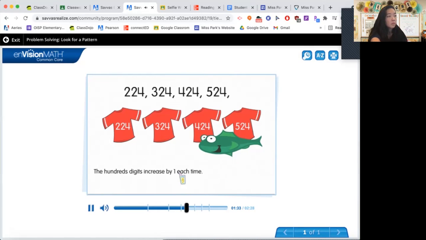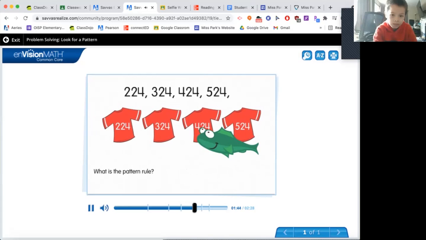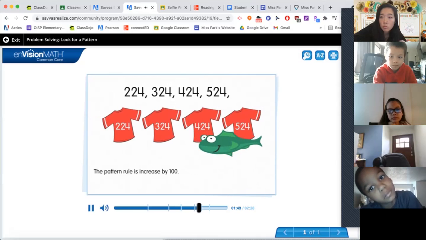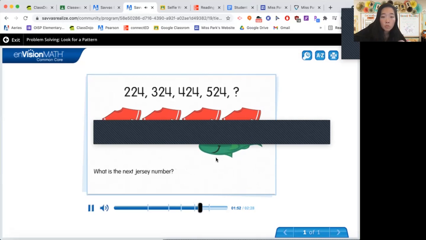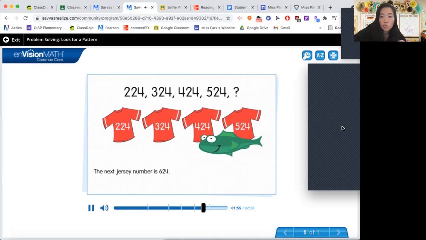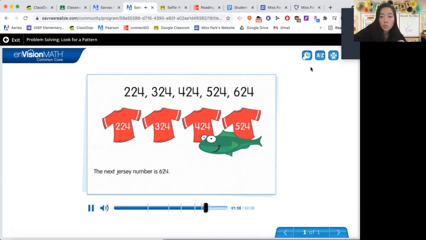The hundreds digits increase by 1 each time. The numbers increase by 100 each time. What is the pattern rule? The pattern rule is increase by 100. What is the next jersey number? The next jersey number is 624.